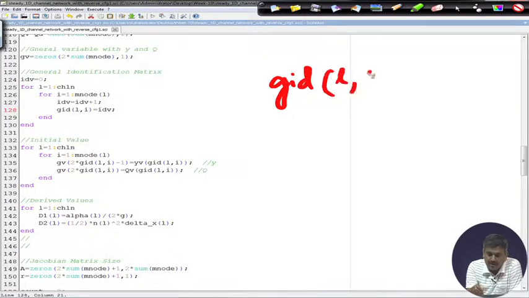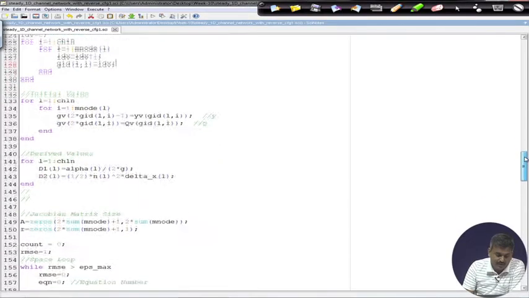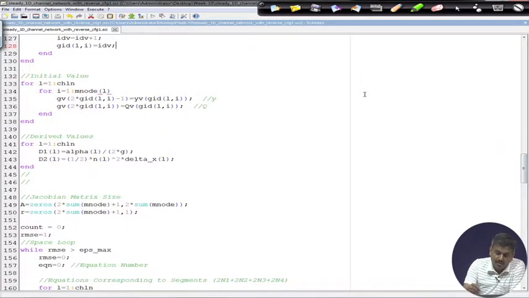This is for the Lth channel and Ith section. So, we will have a unique number for each GID, and we can utilize that information for construction of the Jacobian matrix. Now, these are the initial values, we can assign them.